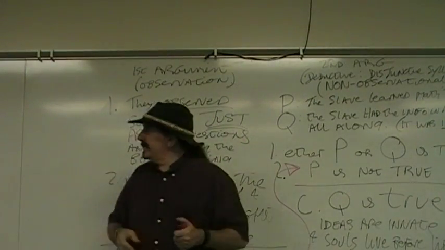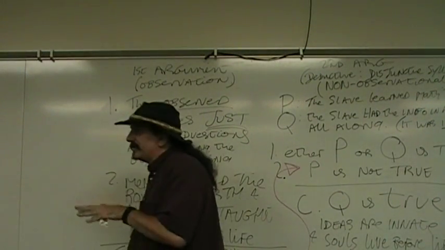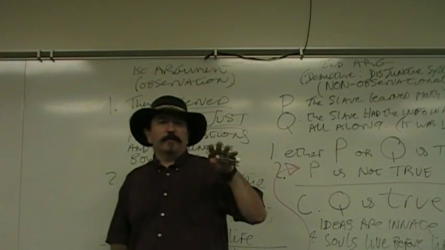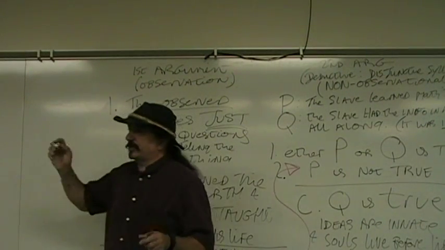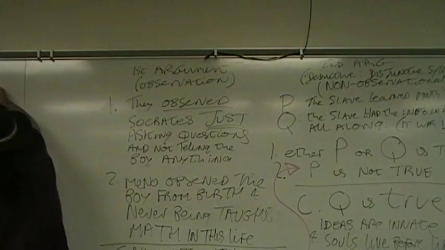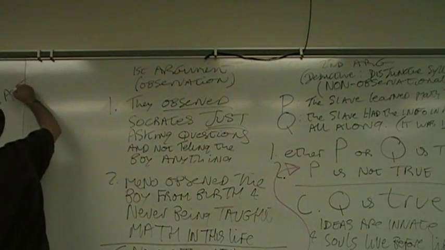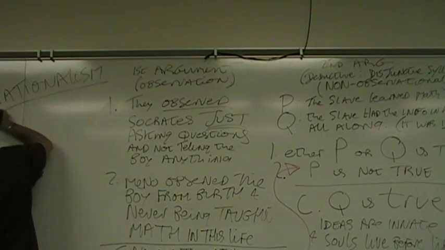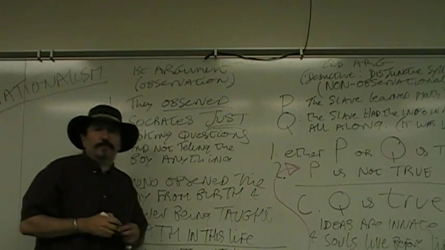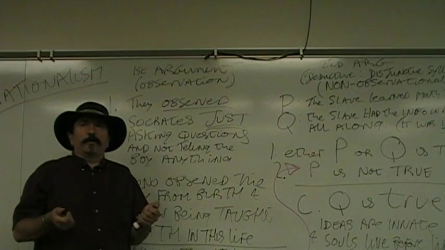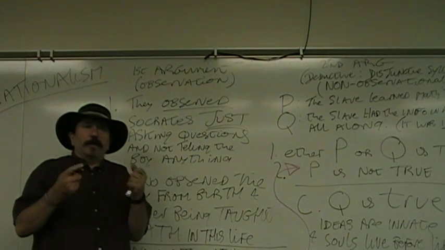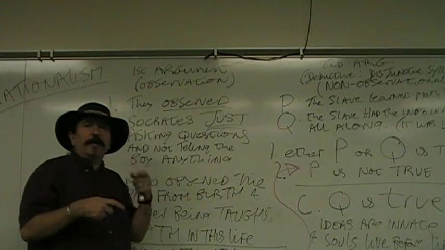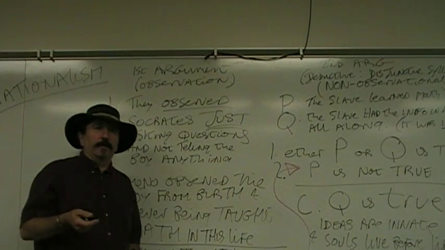Which leads me to, and by the way, this kind of thing is typical of a style of philosophy called rationalism. I'm going to write that here. Now, Socrates and Plato would never have heard the word rationalism. They would not know what it meant. They thought they were just doing philosophy.